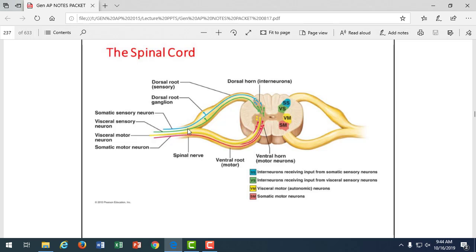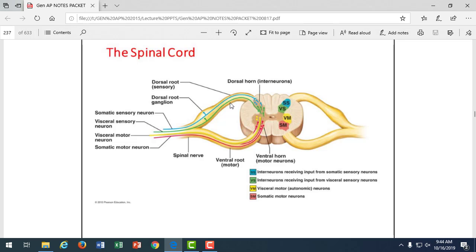They're 2-lane highways, and then we have sensory information going this way. So if this is our spinal cord and this is the back of the spinal cord, this is called the dorsal root because it attaches to the back side of the spinal cord. And this is the ventral root attaching to the front side of the spinal cord. But if we could add arrows here, the information flow, the sensory information, comes in only through the dorsal horn. So put some arrows on that blue and green neuron.